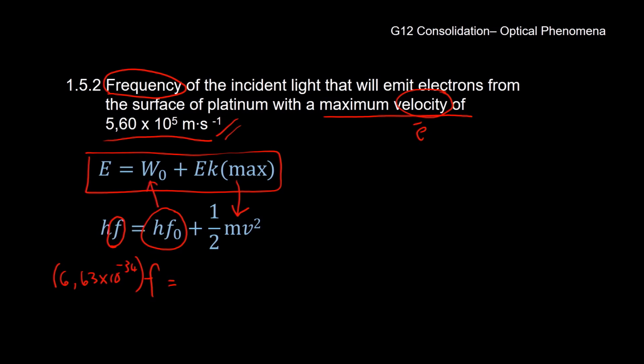It is the work function. We don't have to substitute it in again because we know what it is. And from our answer, it was 1,160 times 10 to the minus 18 joule.